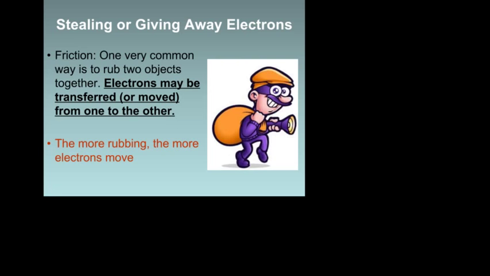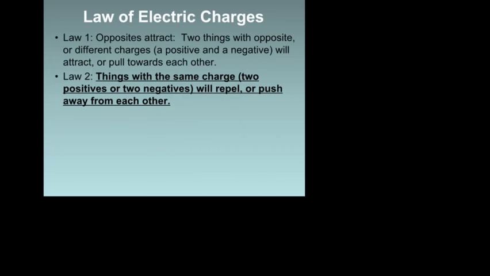So when we are talking about charged objects, there are a few rules. The laws of electrical charges are, first of all, opposites attract. If two things have opposite or different charges, for example, a positive and a negative, they're going to attract each other.